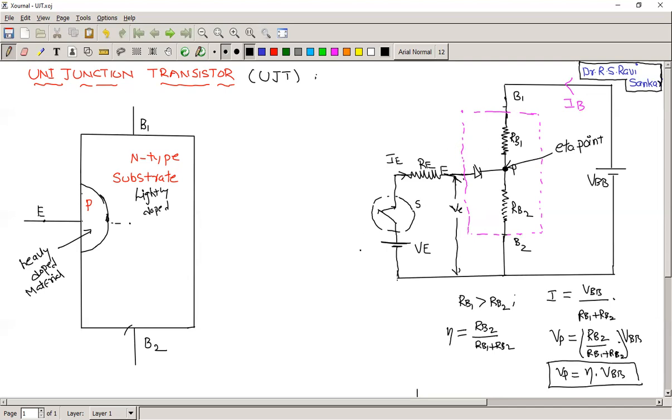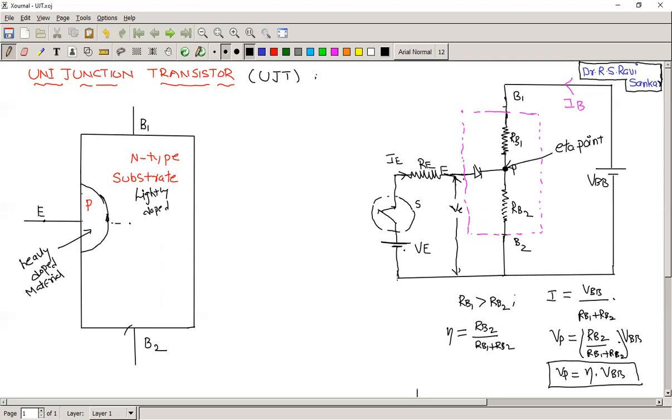As long as this voltage is less than the eta point voltage, the diode is reverse biased, so a very small leakage current passes through the emitter. The current path is source, emitter, RB2, and return to the source.